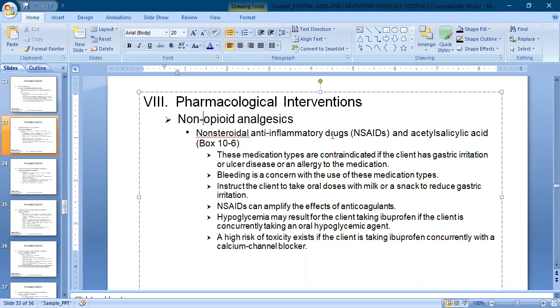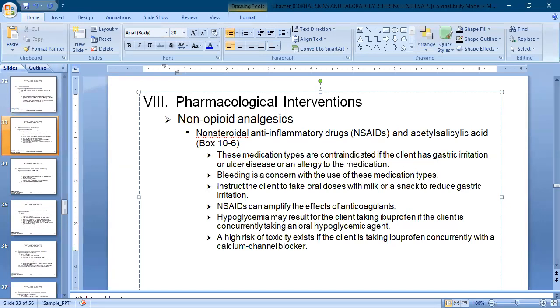Non-steroidal anti-inflammatory drugs, shortly called NSAIDs, and salicylic acid or aspirin, are non-opioid. These medication types are contraindicated if the client has gastric irritation or ulcer.